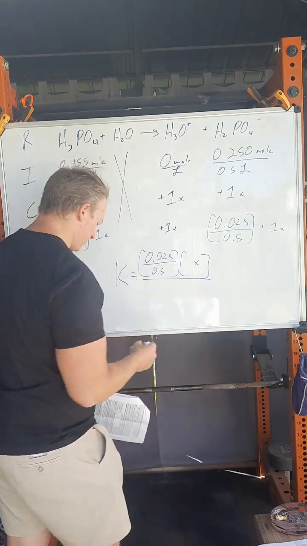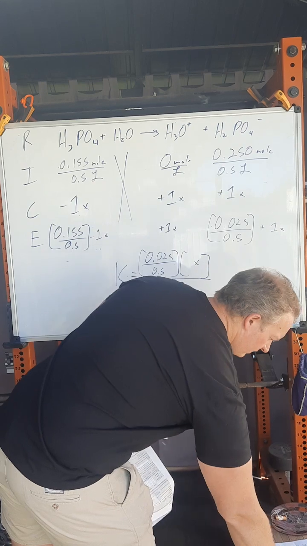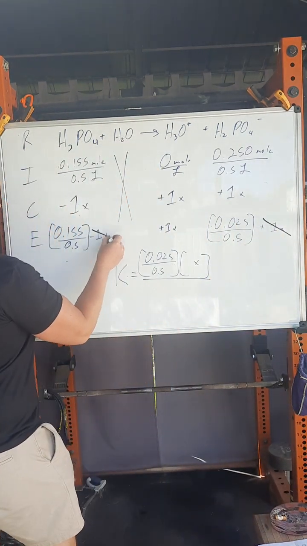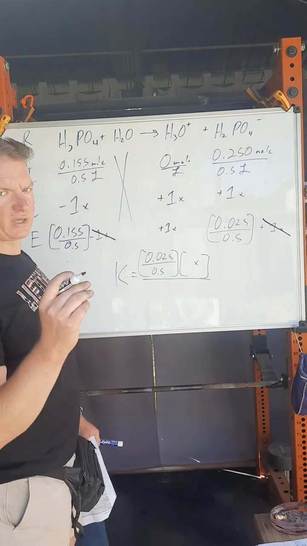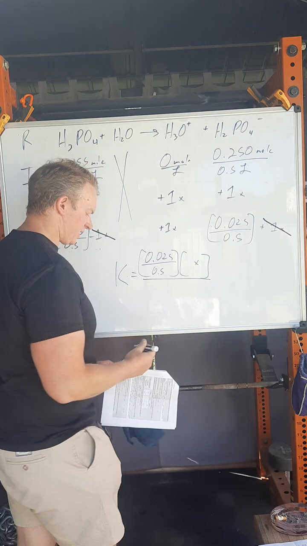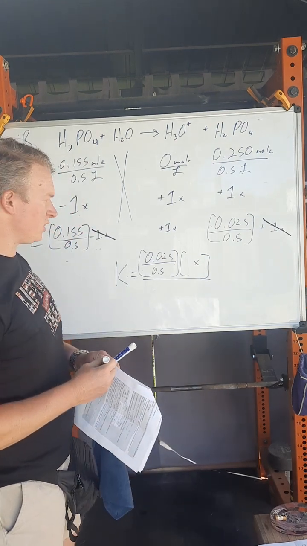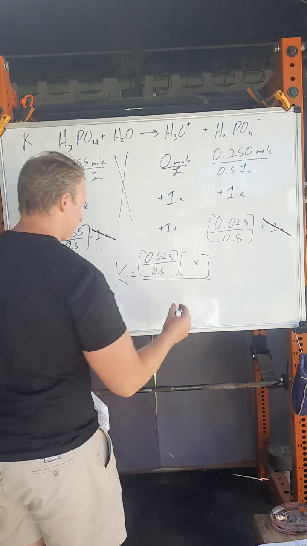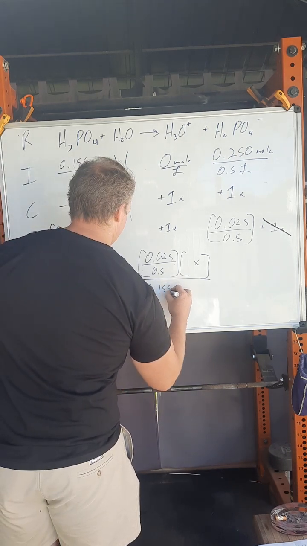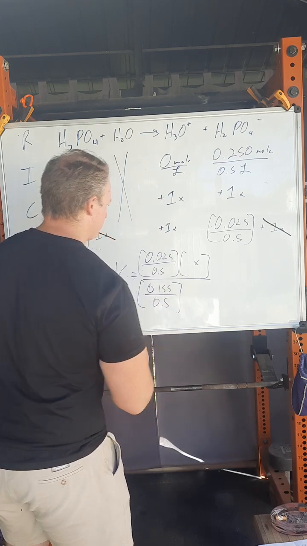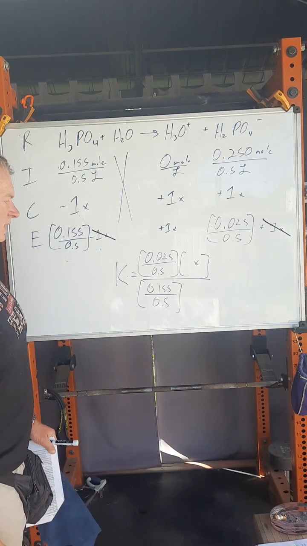And we are dropping this X term, because our capital K value is so small, we can make the approximation of dropping this X term to solve for this without using a quadratic formula. Products on top, reactants on the bottom. So this is what could be evaluated and solved for.